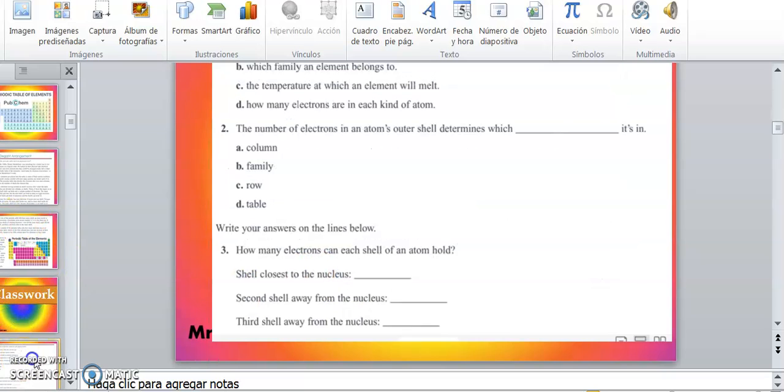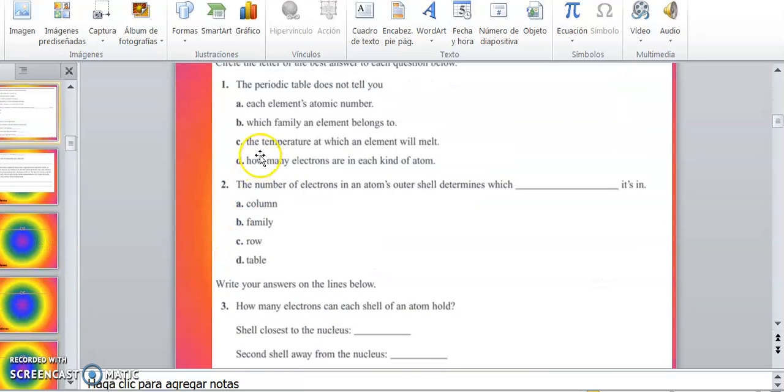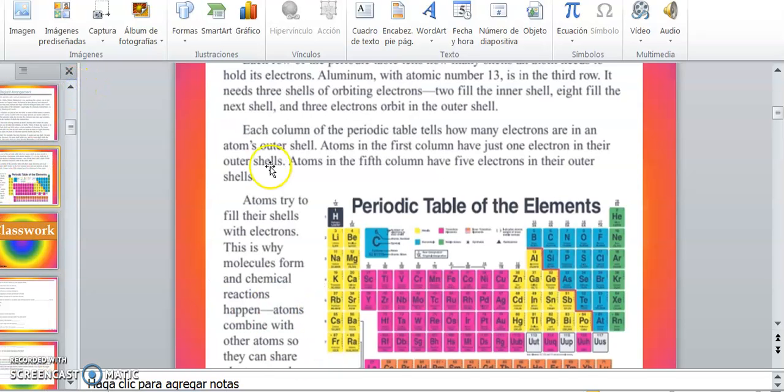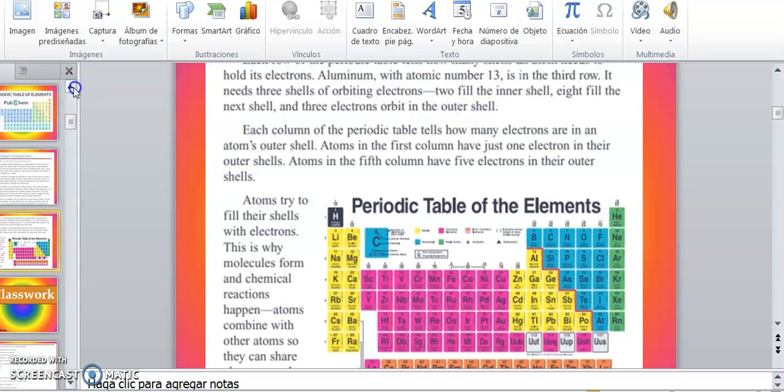So I think the answer, maybe it's complicated, is that it's not going to tell you which family an element belongs to. I think this is the answer, right? This is a very complicated thing. Okay, and this one is super easy. You have it in here. You're going to read.